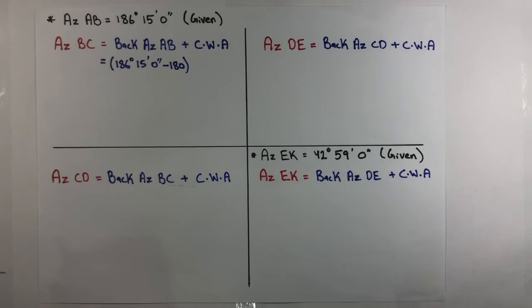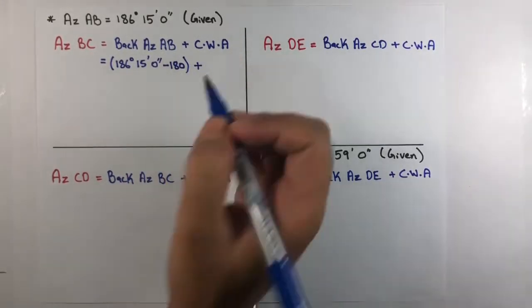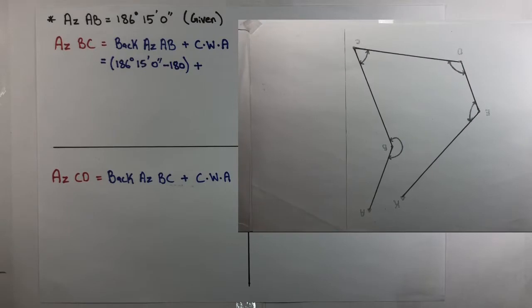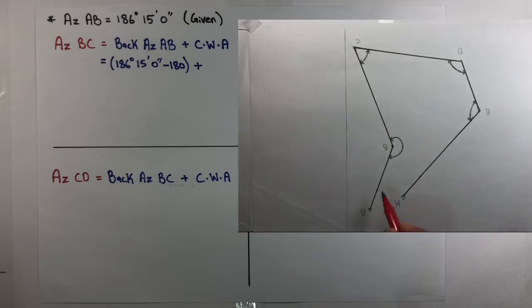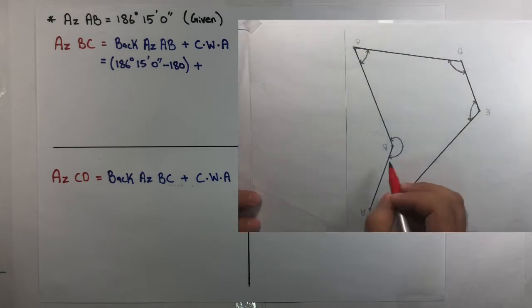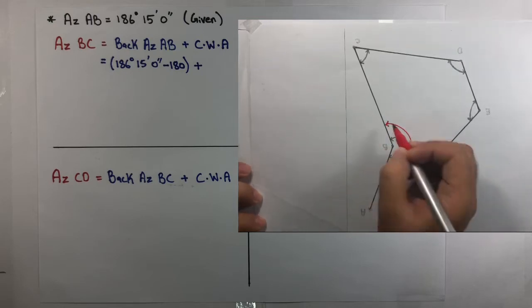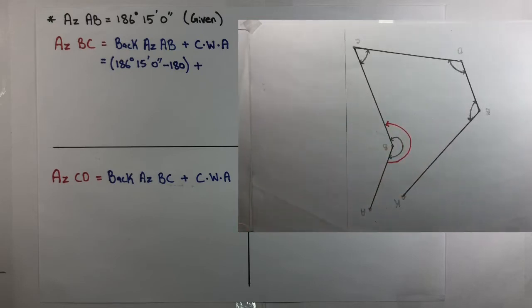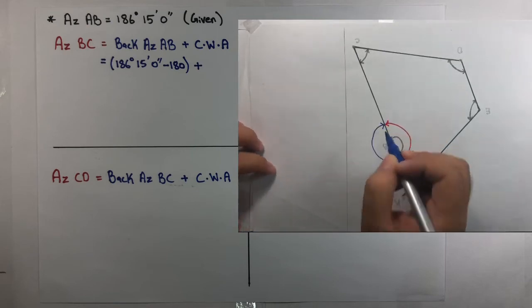Let's see how to find out the clockwise angle. Let's assume that we are driving through line AB and going to line BC. Going from line AB to line BC, we have two angles. The first angle is from line AB to BC, this angle, and the second one is this angle.